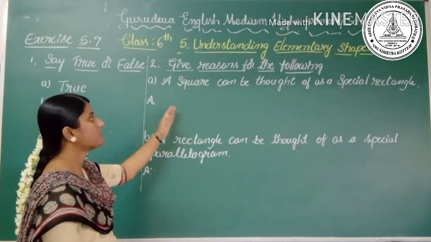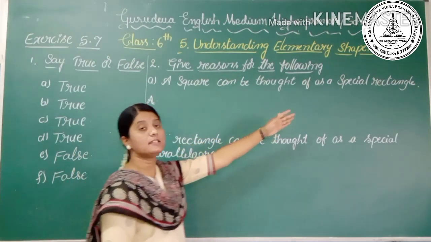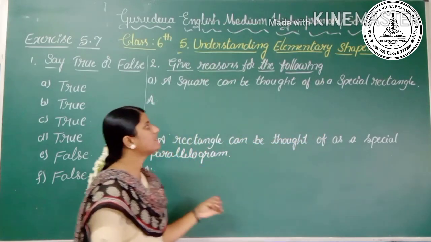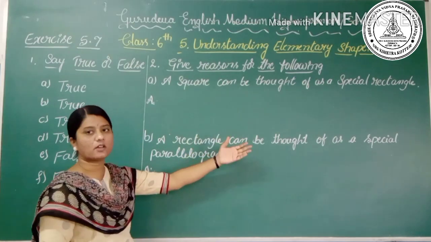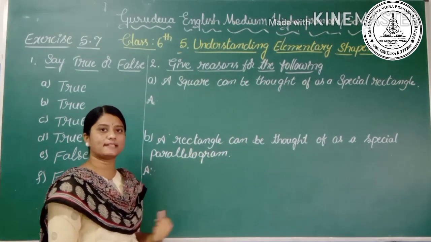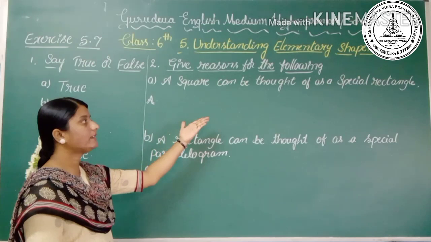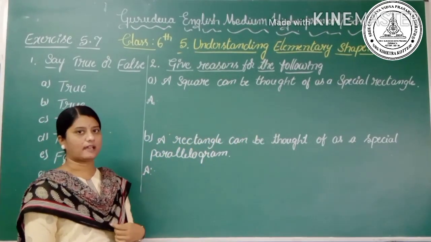The first one: A square can be thought of as a special rectangle. Why? Because all the angles are right angles and opposite sides are equal. Yes.